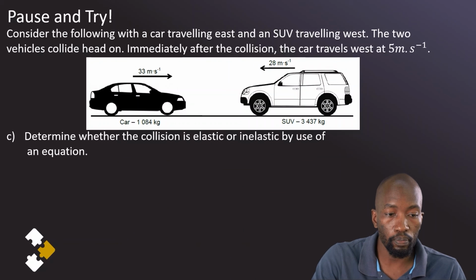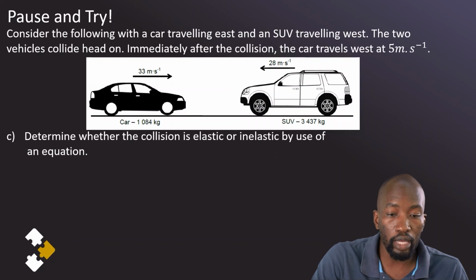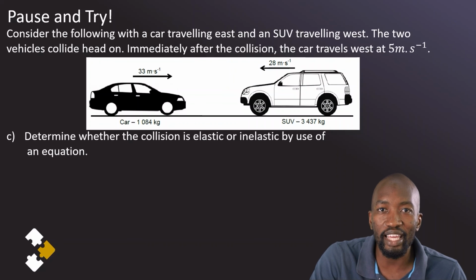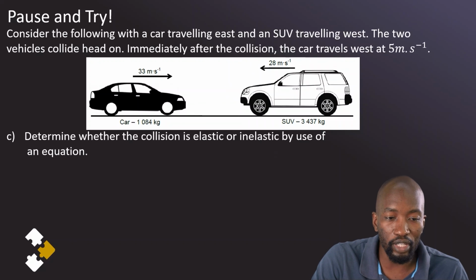Now let's carry on. Then they're saying determine whether the collision is elastic or inelastic by use of an equation. So first, let's find the kinetic energy before the collision. So we know, I'll just say EK before is equal to half m1 u1 squared plus half m2 u2 squared.